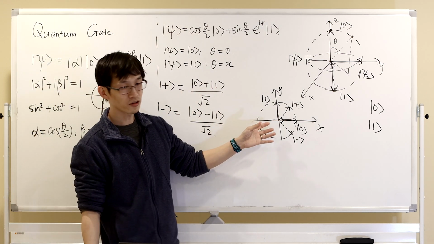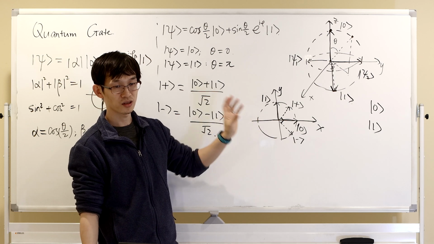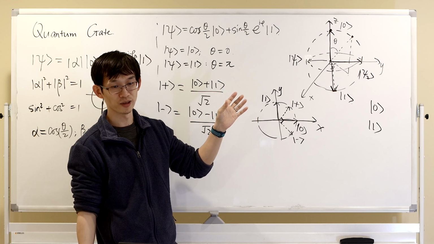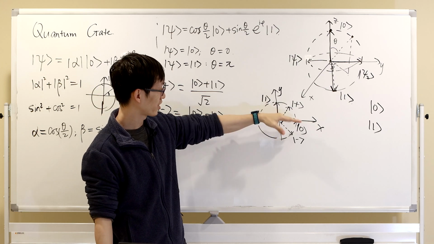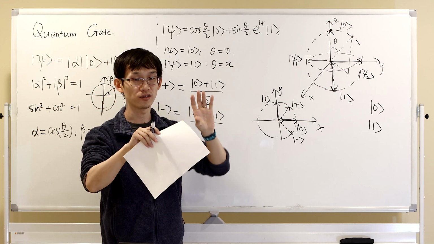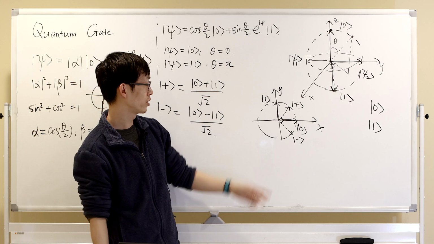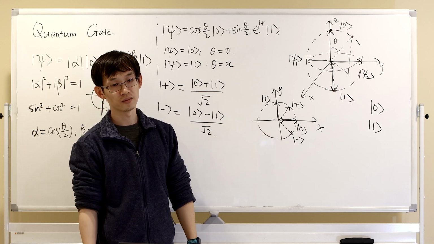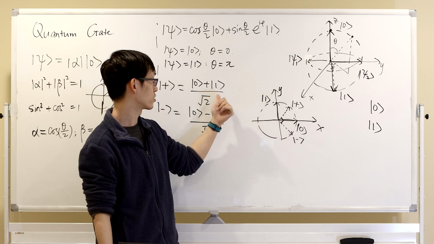So for a photon, it's very easy to change your basis. You just rotate your detector 45 degrees, and that's it. If you don't align your detector to x and y, you rotate it, rotate your entire polarization selection device, and then you actually get the measurement on this basis.